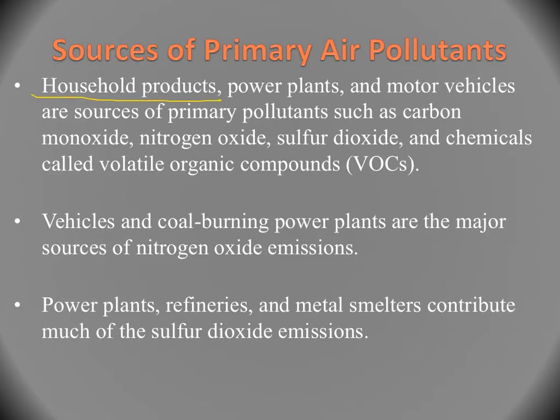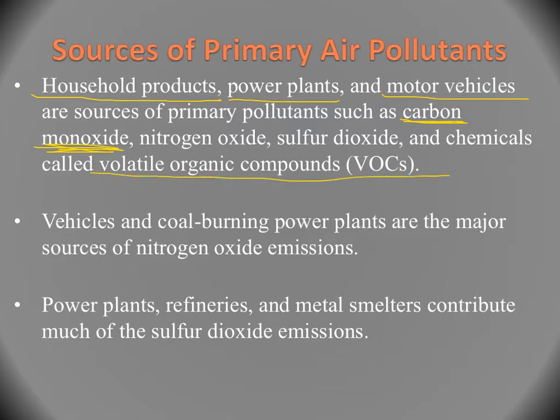Household products, motor vehicles, and power plants are all sources of primary pollutants. Specifically, as we saw that last one, carbon monoxide's a big one, and then there were the nitrogen and sulfur oxides, and then volatile organic compounds.